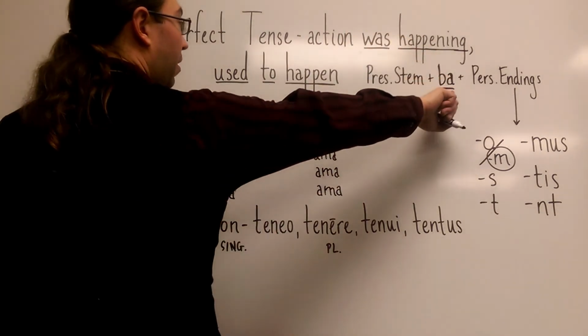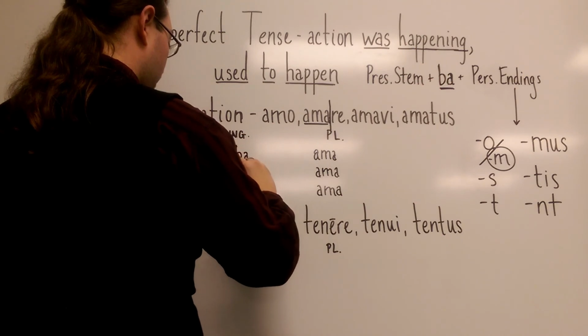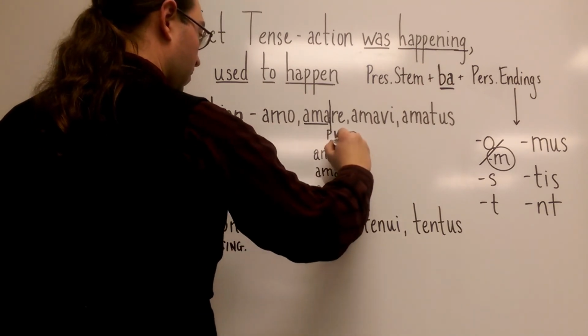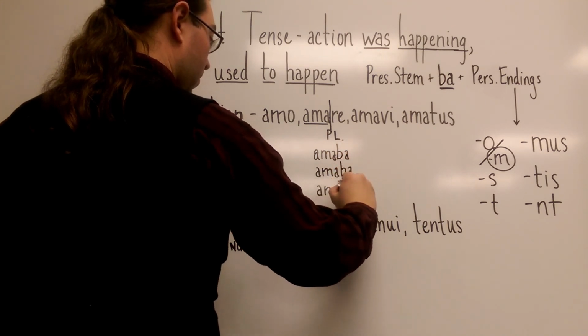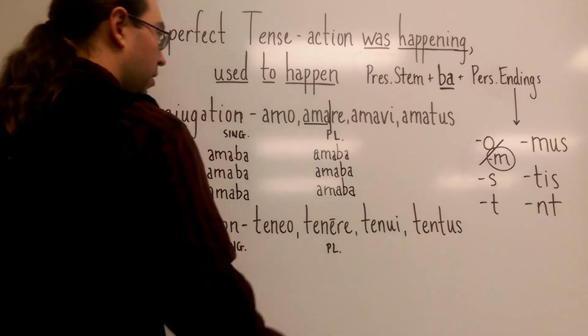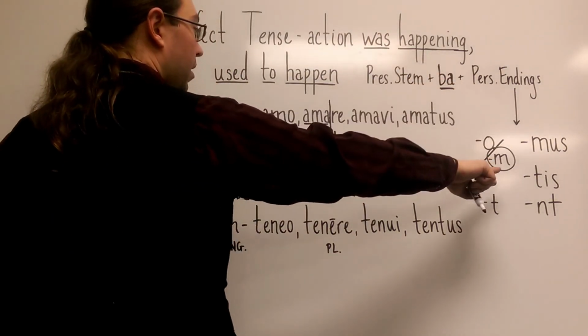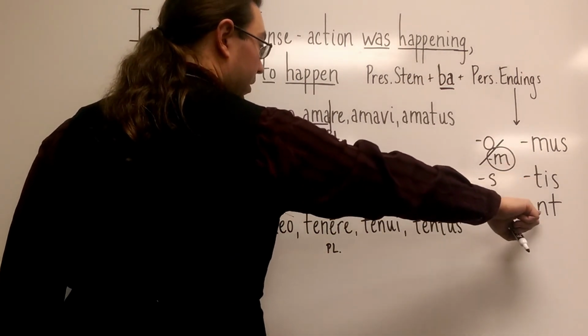Add the tense marker ba. Add the personal endings: m, s, t, mus, tis, nt.